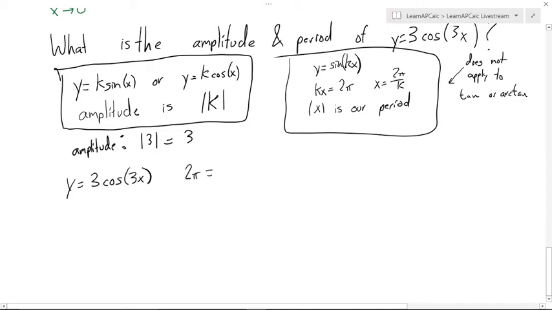So 2 pi equals 3x. Again, the absolute value of that is our period, so I'll solve and I get that our period is the absolute value of 2 pi thirds, or just 2 pi over 3.